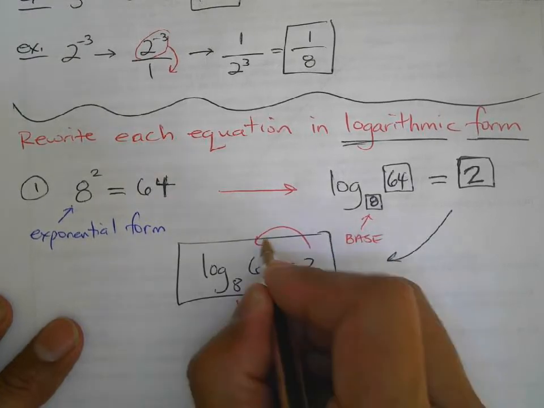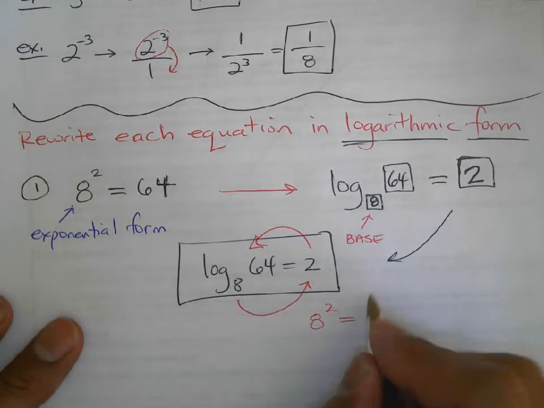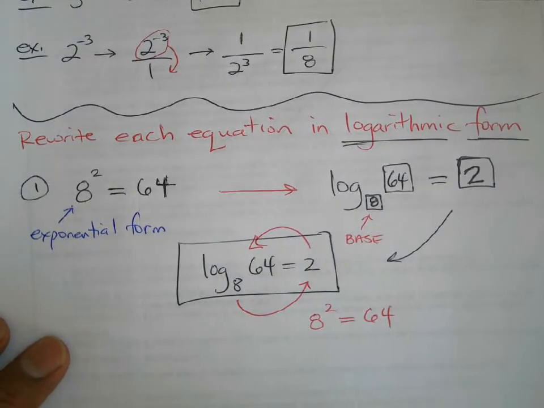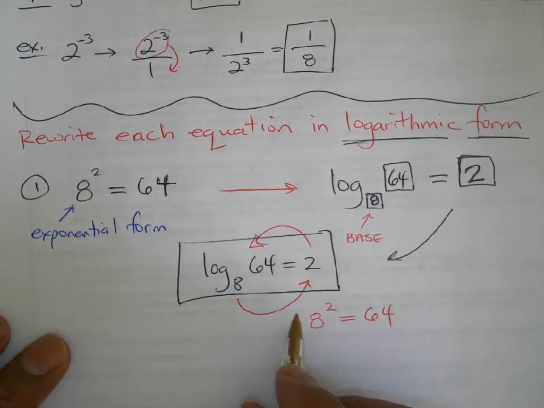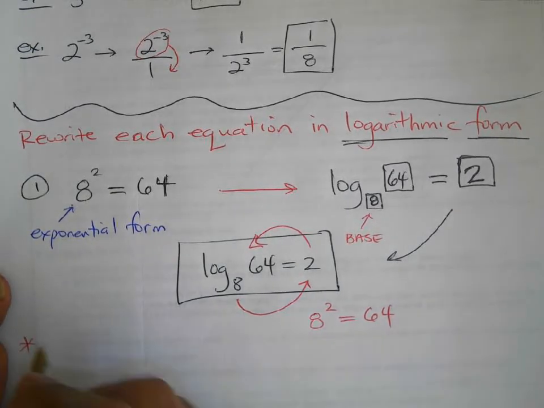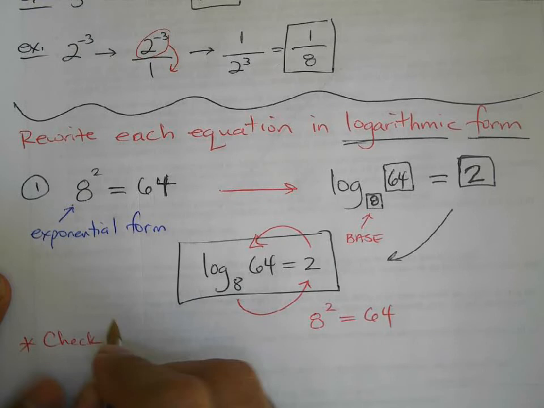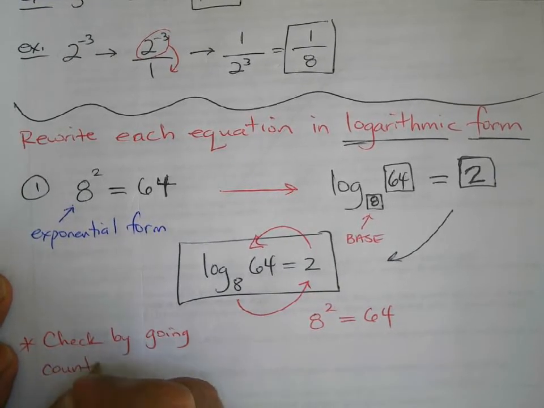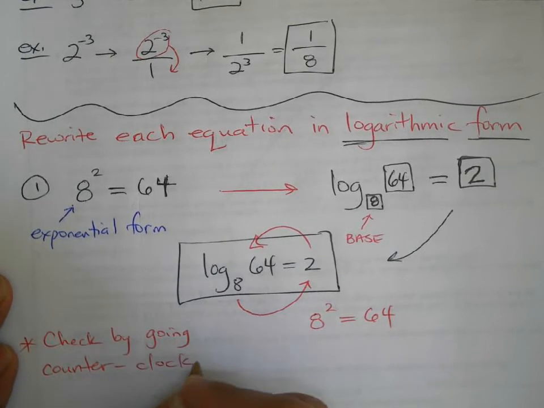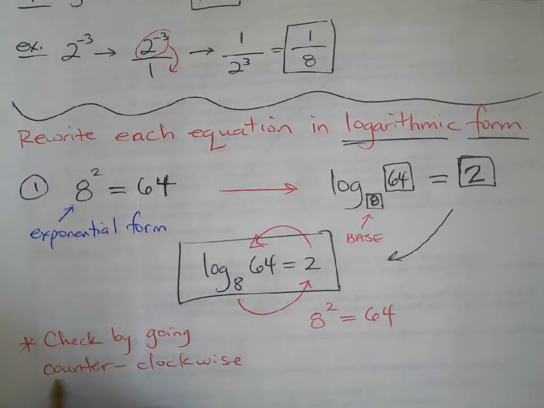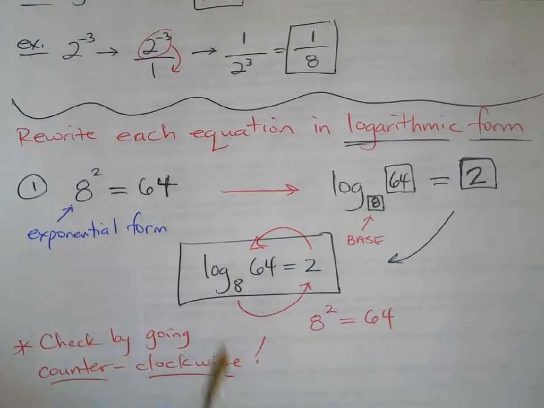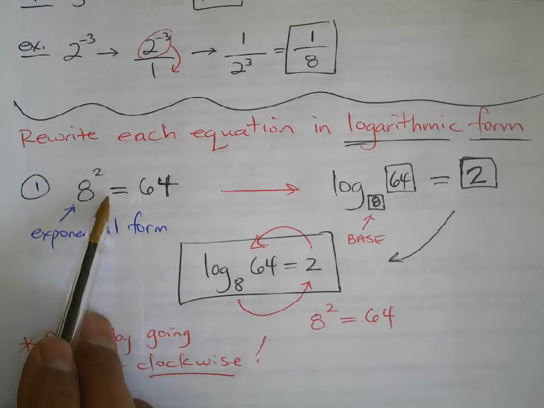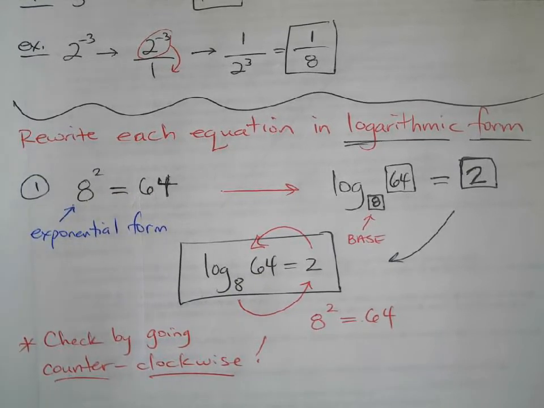And then when you go to the arrow, equals, and then 64. And if that's a true statement, you wrote it correctly. So check by going counterclockwise. If I look at this counterclockwise and it reads back this, you did it right.